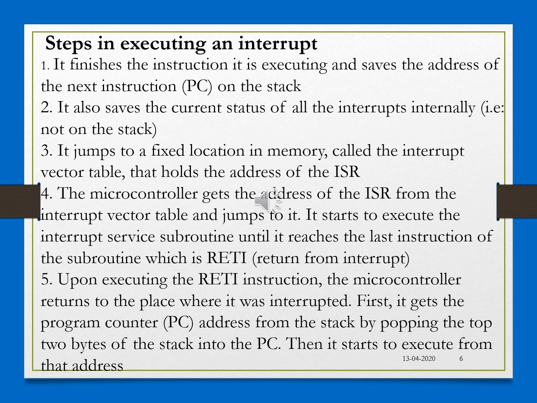So the microcontroller gets the address of the ISR from the interrupt vector table and jumps to it. That is, based on the particular interrupt, go to the address pointed by the ISR of that interrupt. Then it starts to execute the interrupt service routine until it reaches the last instruction.